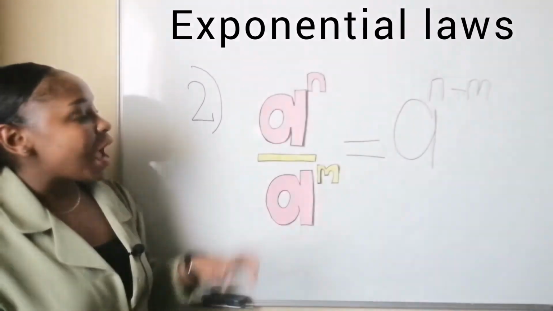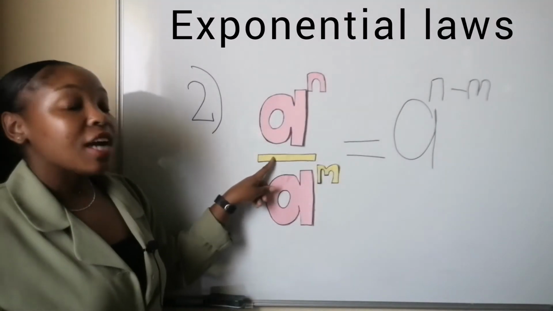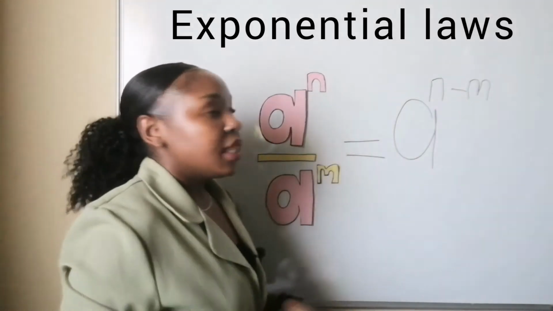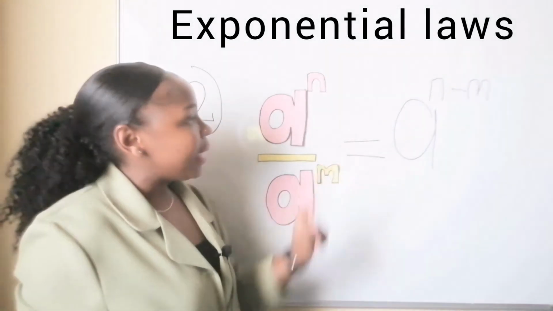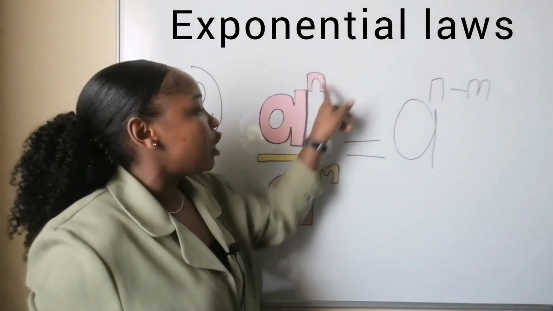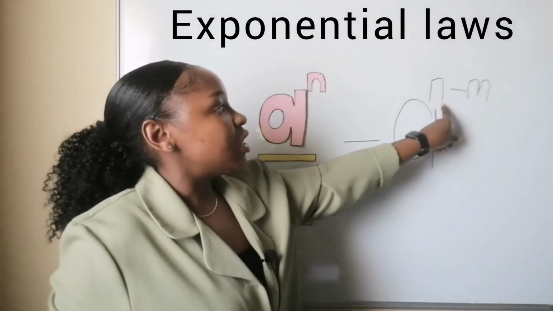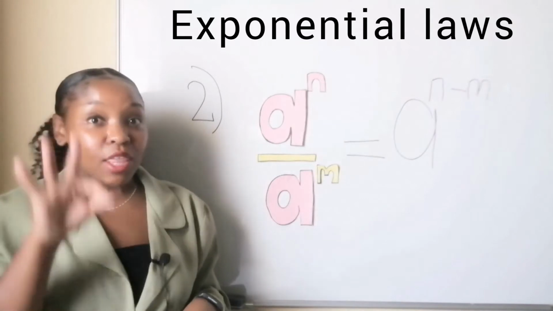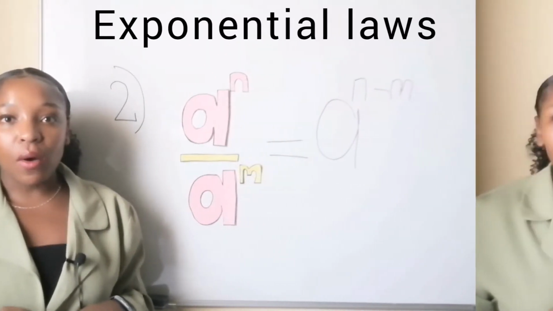So you're going to take the base, which is a, and subtract the exponents, which is n minus m.